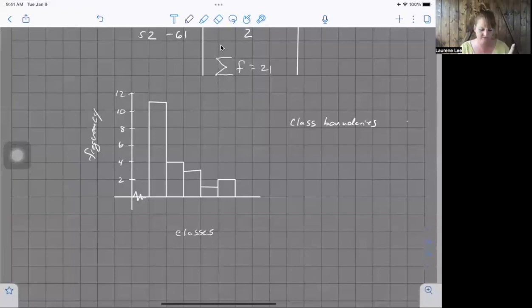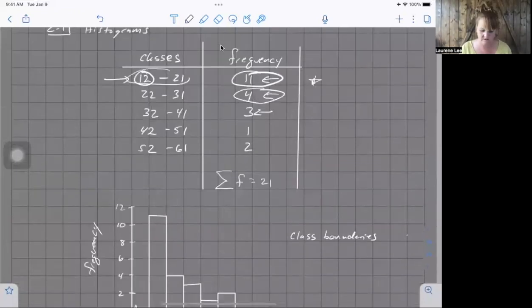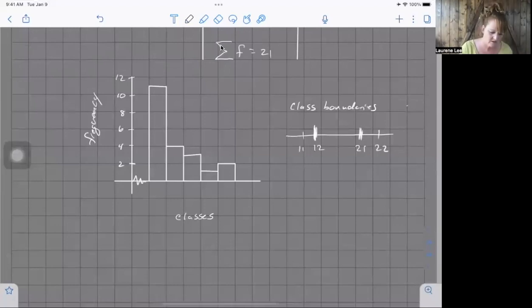So let's take our first class, for example. I've got a 12 to 21. Let me draw a little number line here. 12 to 21 is my class width. And the numbers on either side of this are 11 and 22, if I'm thinking on a number line. So what you want to do is take your class width and go 0.5 less than that and 0.5 more than that. Those are your class boundaries.